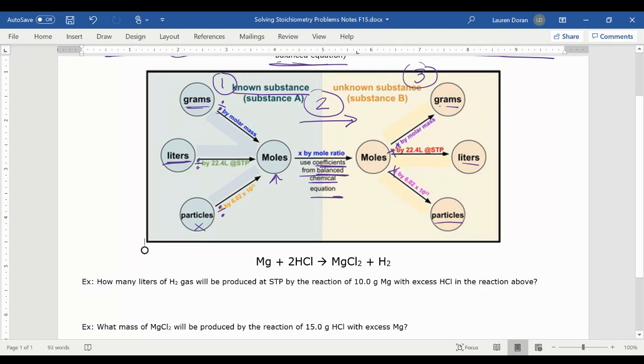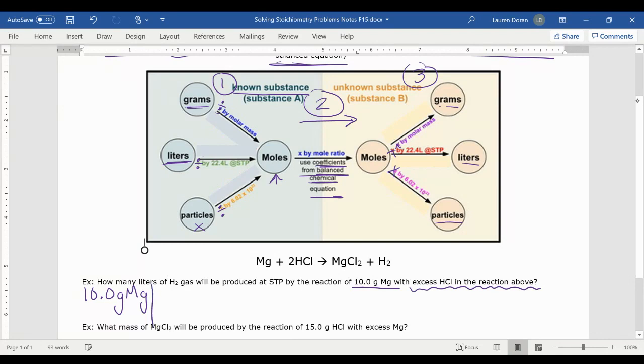So our question is, how many liters of H2 gas will be produced at STP by the reaction of 10.0 grams of Mg with excess HCl in the reaction above? All right, so let's break that down. I do see a given value here, right? My given value is 10.0 grams of Mg.